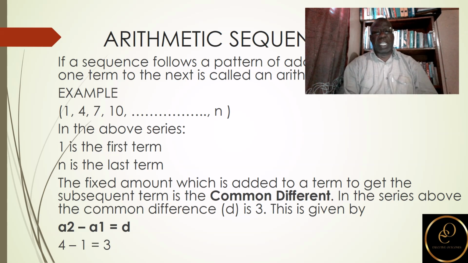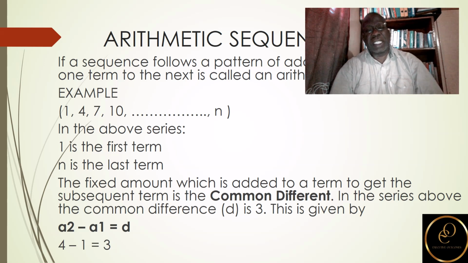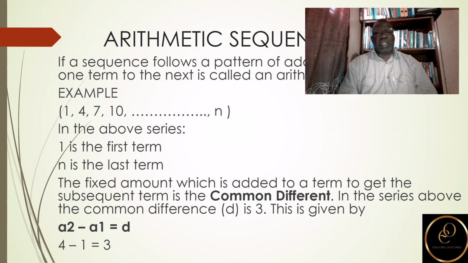In this case, we have 1 as the first term. Then the last number in the series, if it is taking the position n, that is the nth term, or the last number n.